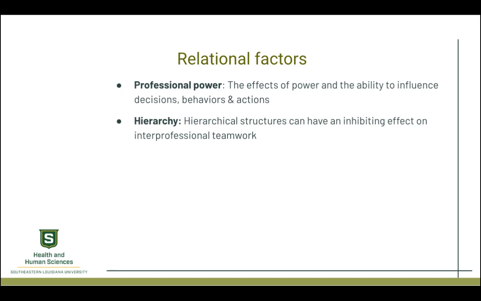So that affects teamwork and can have an inhibiting effect on teamwork.